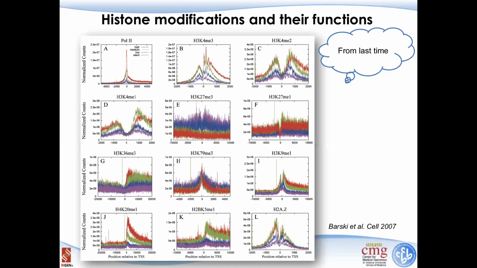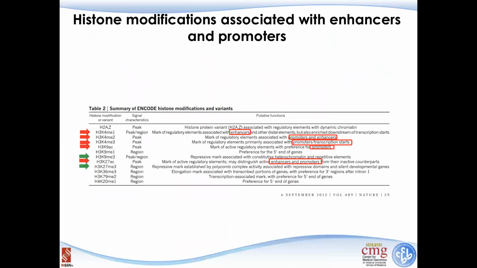So what does that mean? That means H3K4 trimethylation is associated with the promoter or transcription start site. This paper, published in 2012 in Nature, listed the ENCODE histone modifications and their variations, and showed their corresponding functions.